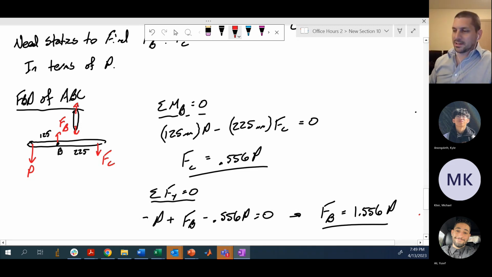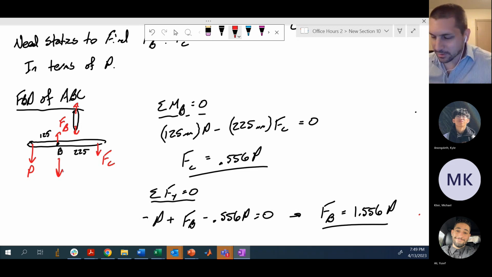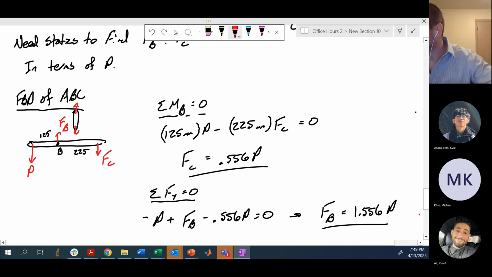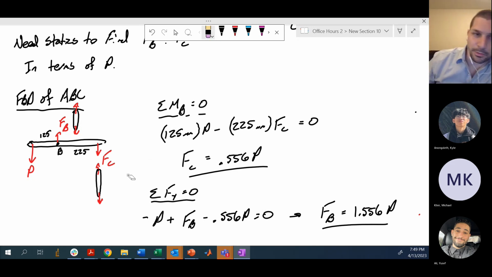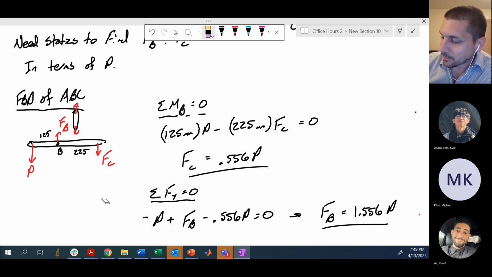So this link is going to be in tension, meaning it's going to get longer, and point B is going to move downward. Similar idea at C: if I think about equal and opposite forces for the link at C, sorry, this link is also going to be in tension, and point C is also going to move upwards. So both of these links are getting longer. C is moving upwards, B is moving downwards.